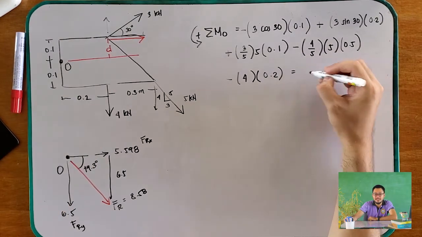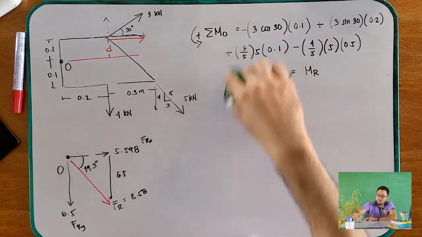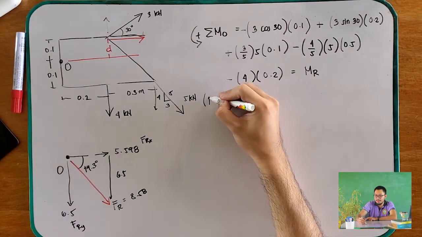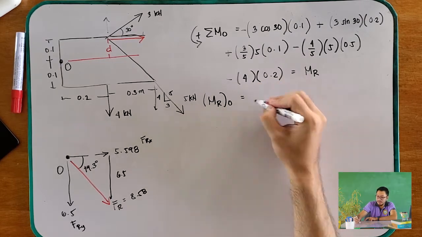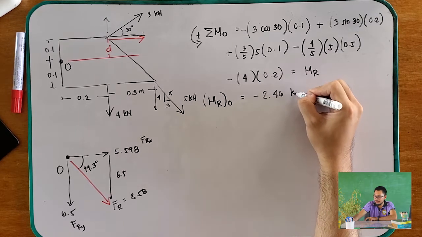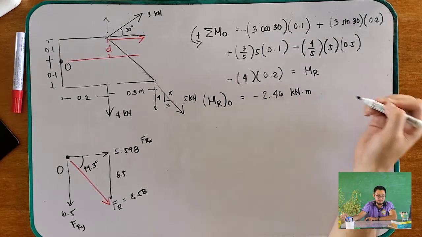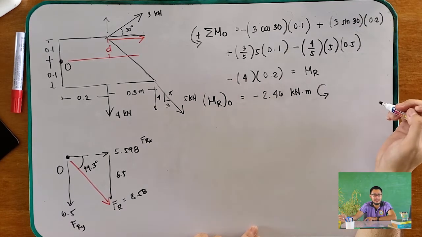And all of this will be equal to your resultant moment. So, therefore, your resultant moment about point O is equal to negative 2.46 kilonewton meter. And this one is creating a counterclockwise direction.